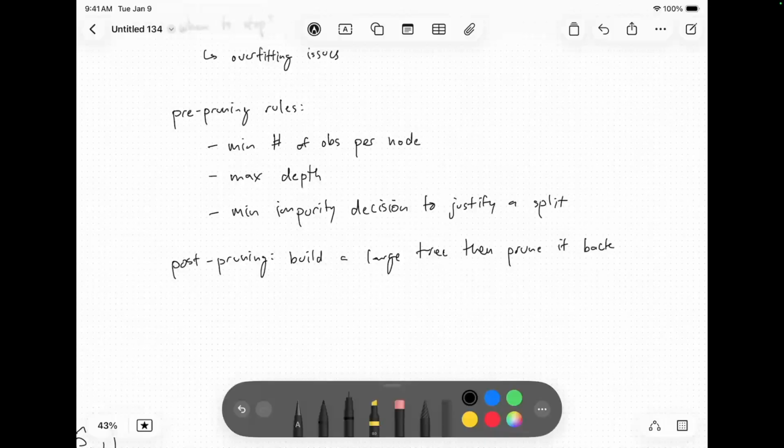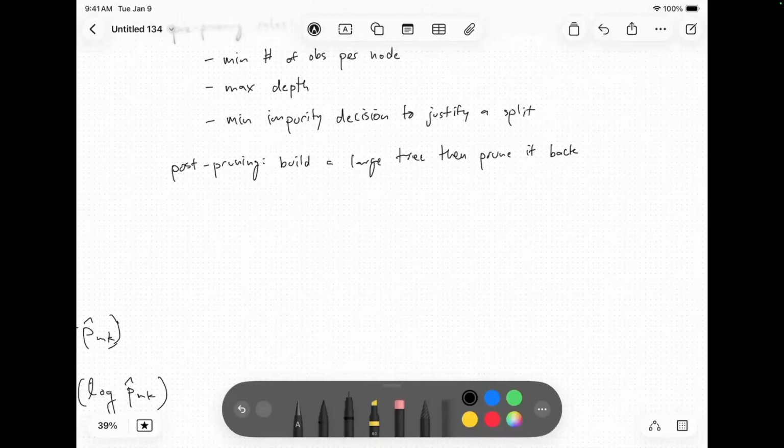We also saw this in the last spline that we did, the smoothing spline. You let it have as many knots as you want, and then you have a penalty parameter to increase the smoothness. This is the same idea here. We do something like this.